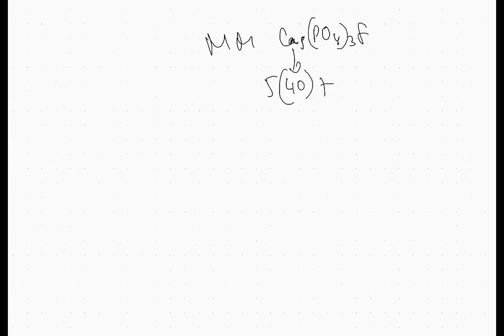All right. The next question is again the molar mass of Ca5(PO4)3F. So for each one, look at the periodic table and find. So calcium is 40 times 5, plus phosphorus is 31 times 3 because there are 3 here, plus oxygen 3 times 4, 12, times 16, and fluorine is 19.